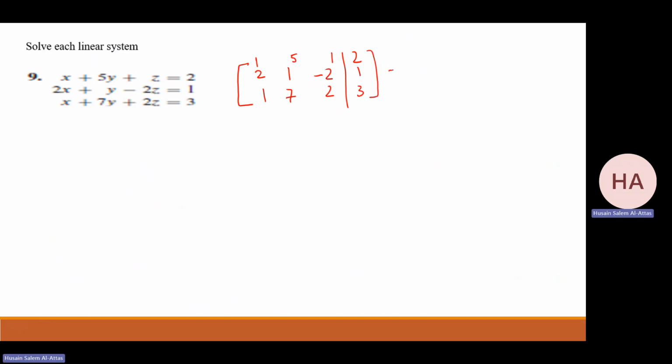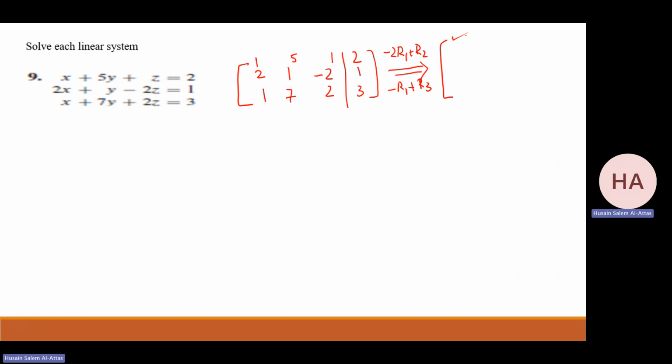Okay. Now, what I am doing, multiply the first row by minus 2 and add it to the second row. Also, multiply the first row by minus 1 and add it to the third row. Let us see what will happen.